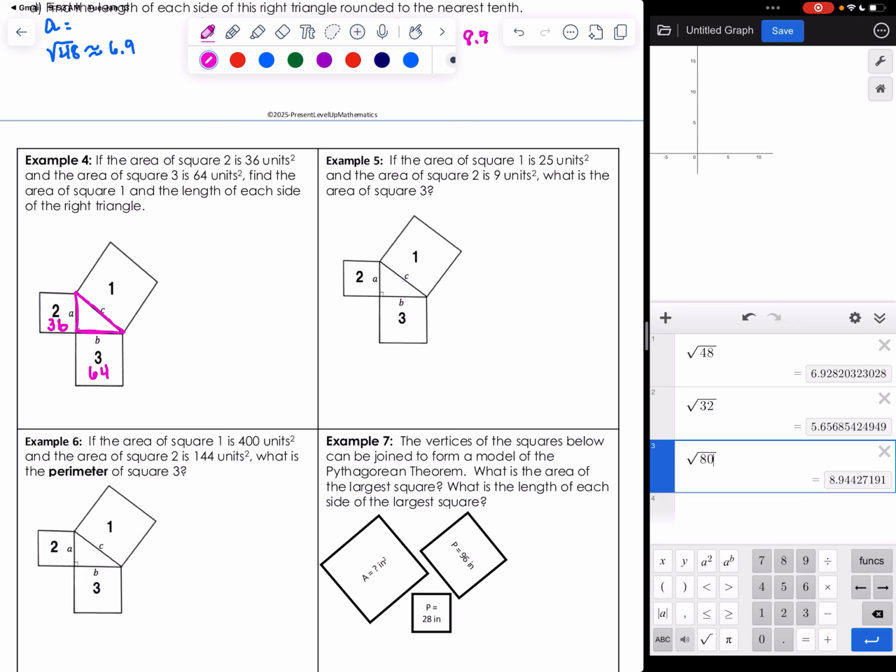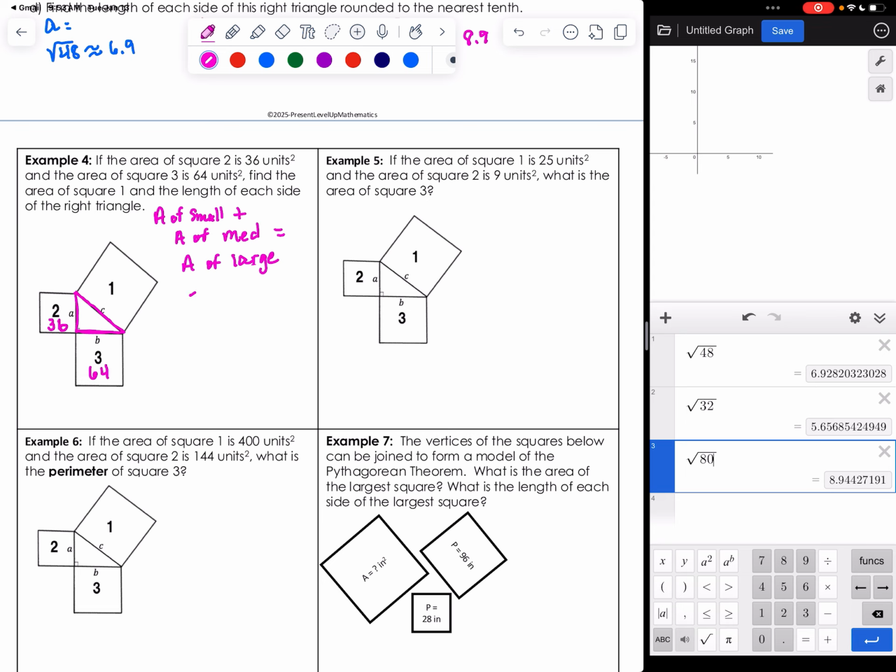So here's what I know. The area of the small plus the area of the medium will always equal the area of the large square if the original triangle is a right triangle.